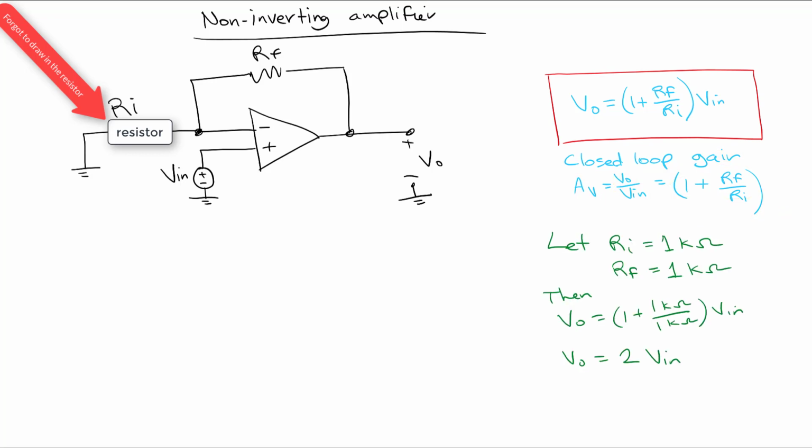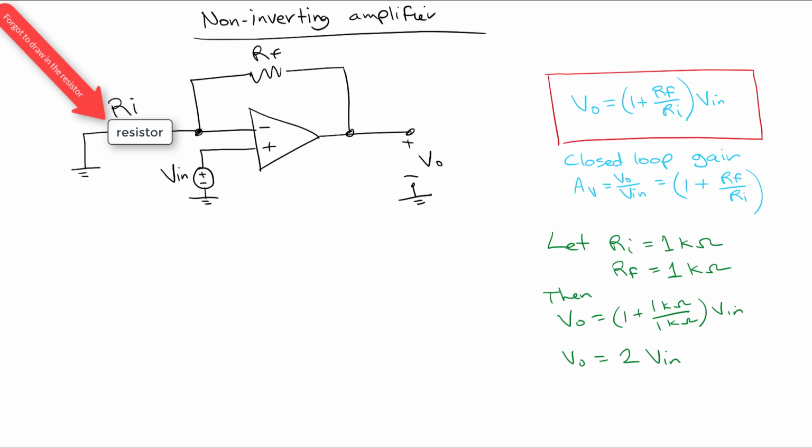So, what does this mean? Well, let's use an example where we'll define Ri as 1 kilo ohm and Rf as 1 kilo ohm. Then Vout is going to be 1 plus 1 kilo ohm over 1 kilo ohm times Vin, and that works out to Vout is equal to 2 Vin. Okay, and how do we apply this circuit?